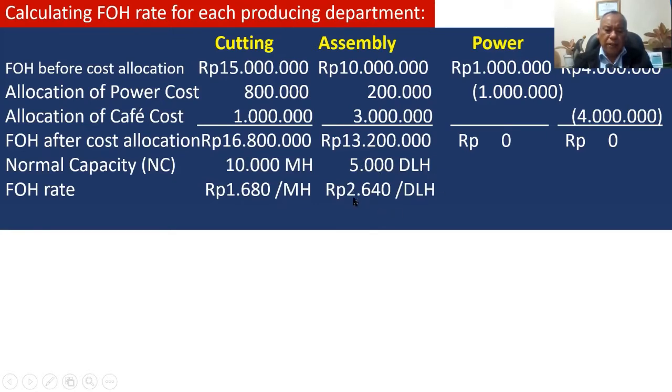So we find 2,640 rupiah per direct labor hour. This is the way to calculate the factory overhead rate if we allocate the service department costs using direct allocation method.